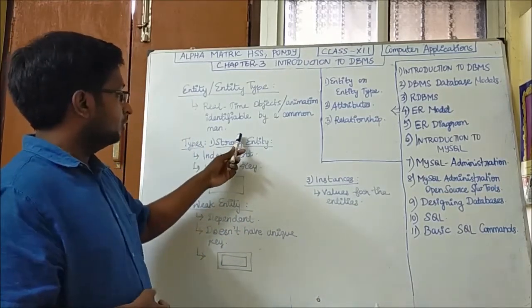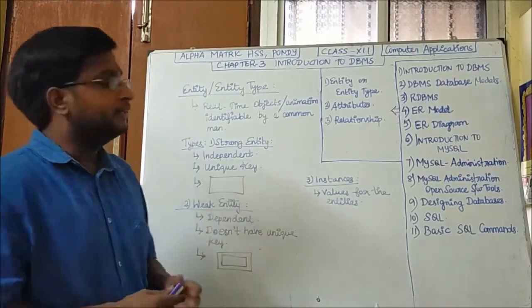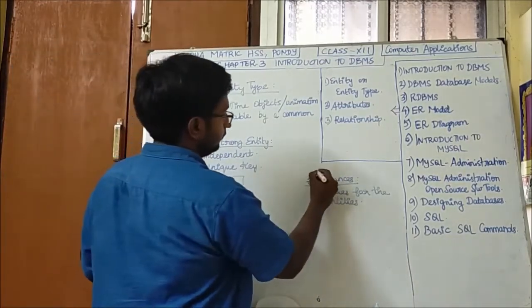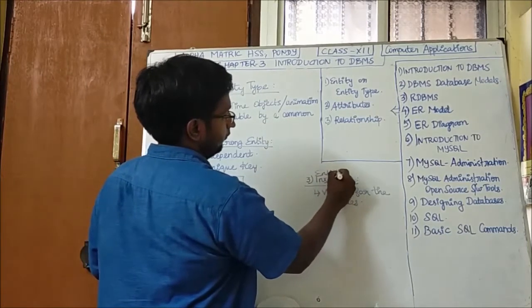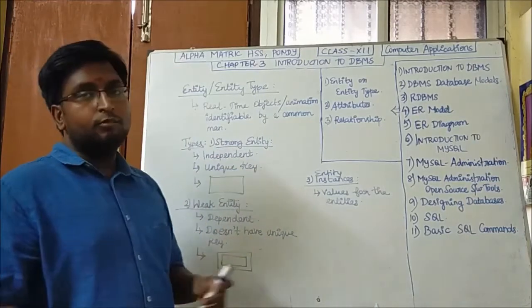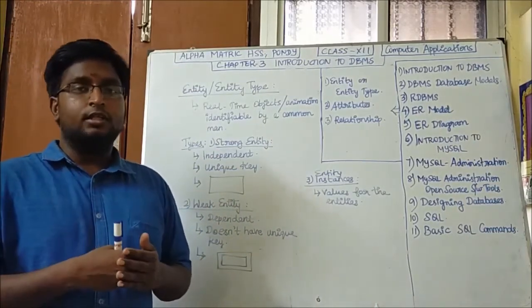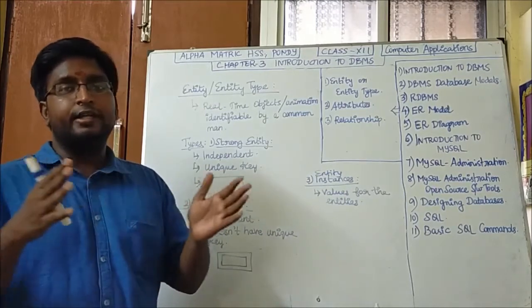We have three types: strong entity, weak entity, and entity instance. A strong entity is fully independent with respect to other entities.